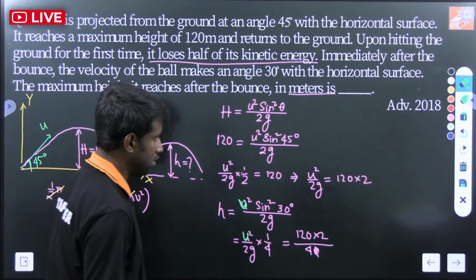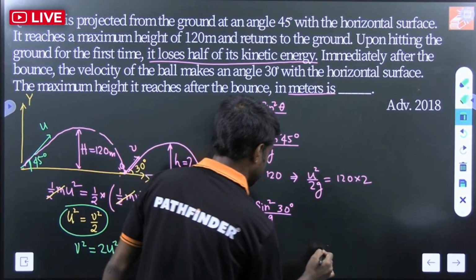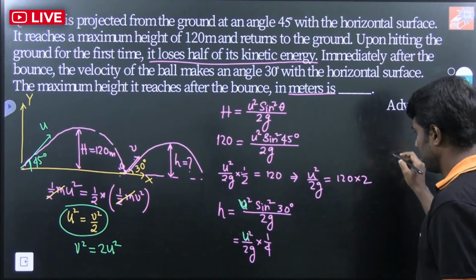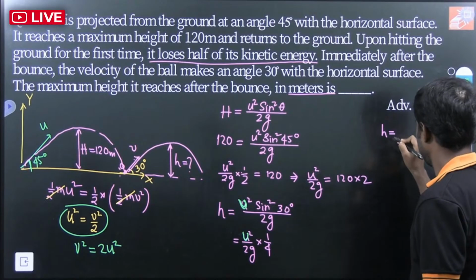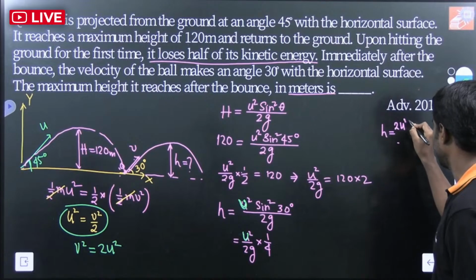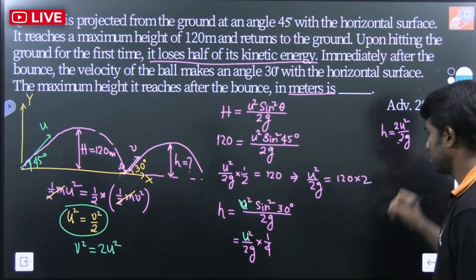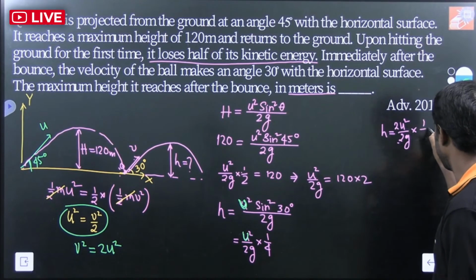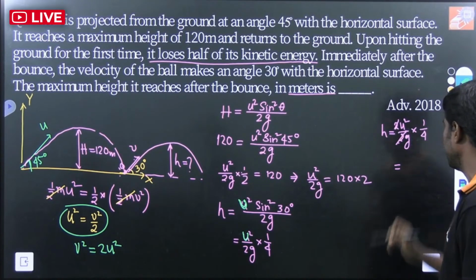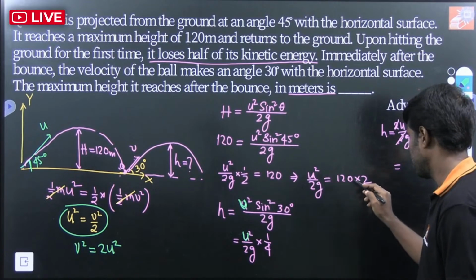So we can put it here, and now h is equal to 2 u square divided by 2g into 1 by 4. Now this 2 will get cancelled, so we get u square by g.